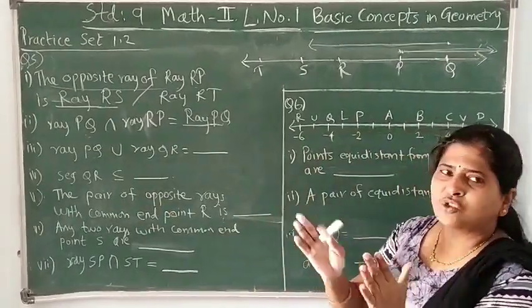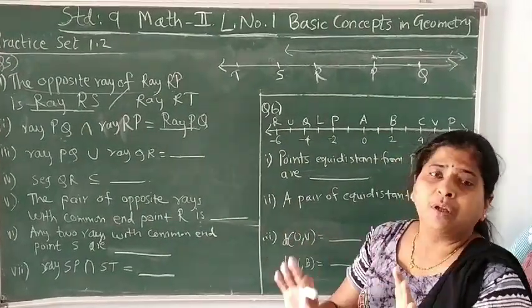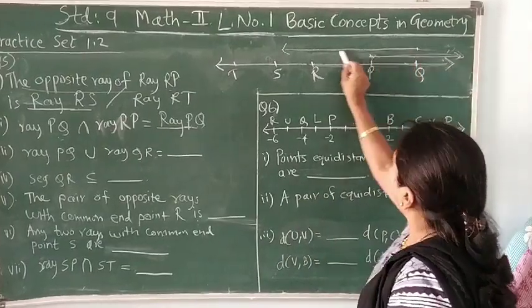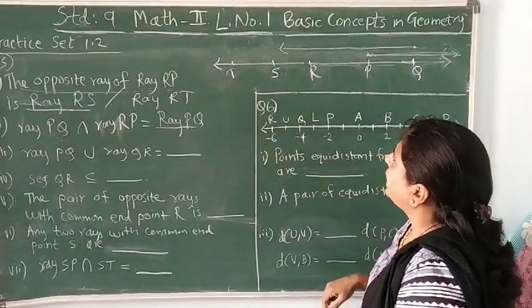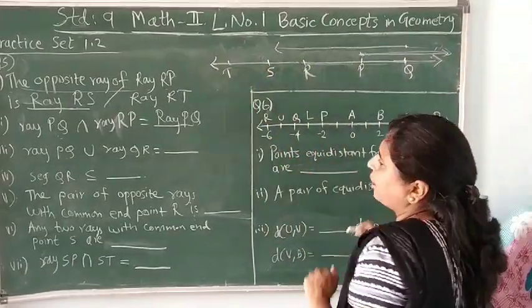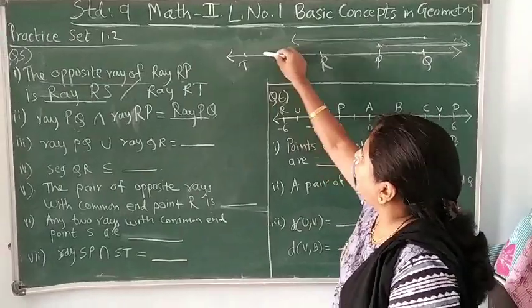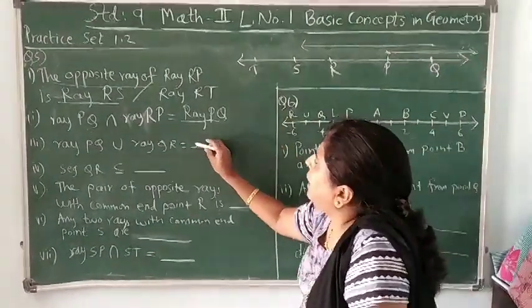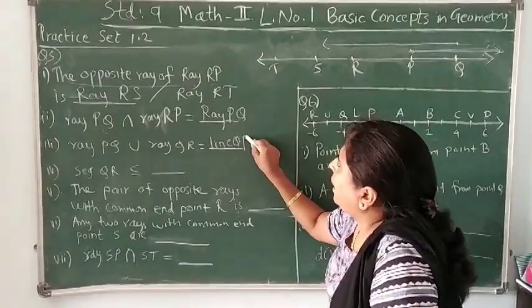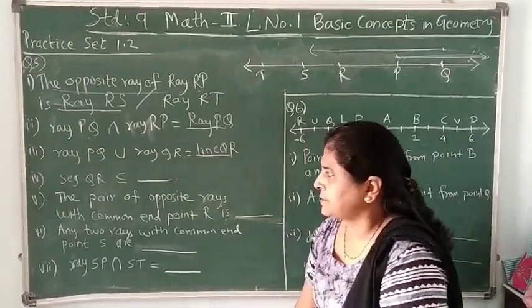Union means elements of both together without repetition. So we want all these points as well as all these points together without repetition. As both sides are infinite, we require the whole line as the answer. So our answer will be line QR, or you can also say line PQ.